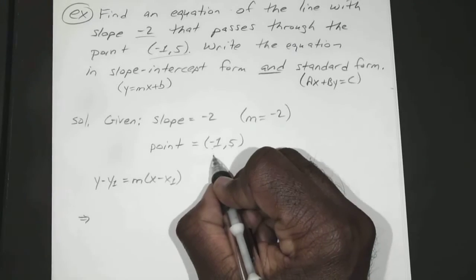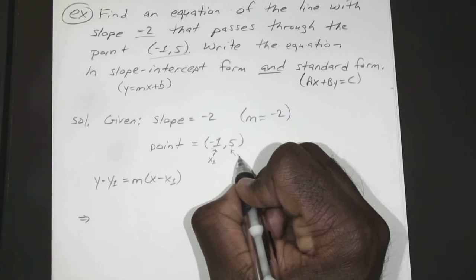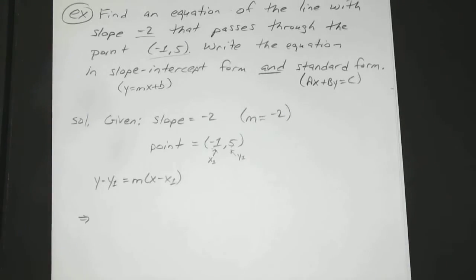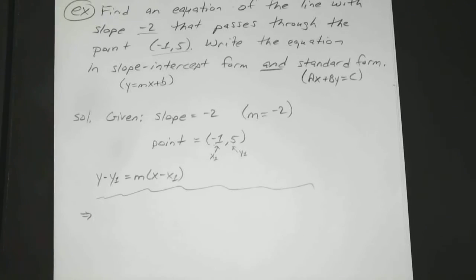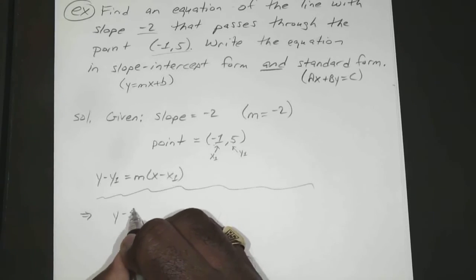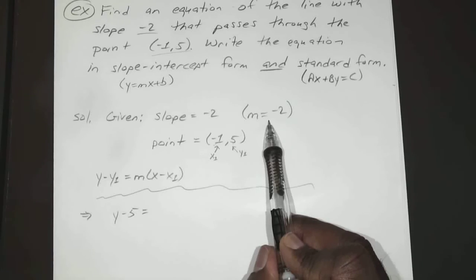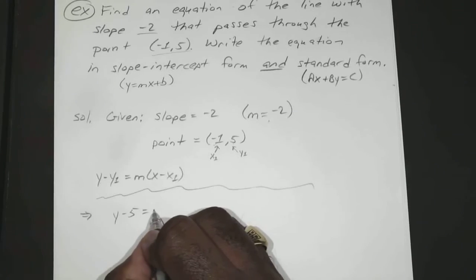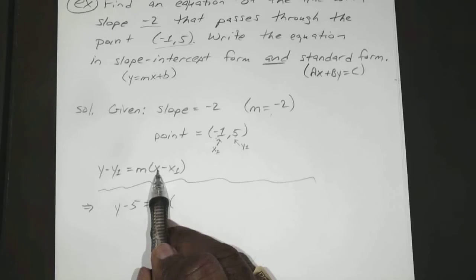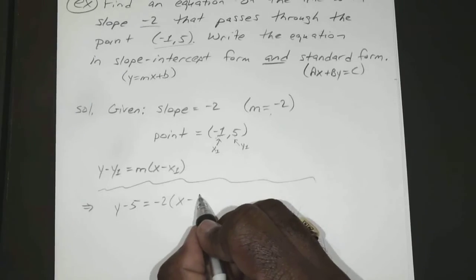So y minus y1 becomes y minus 5 equals our slope, so our m is -2, times x minus x1. So x minus, our x1 is -1.